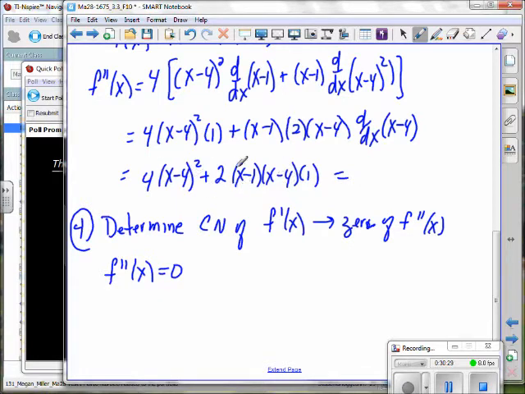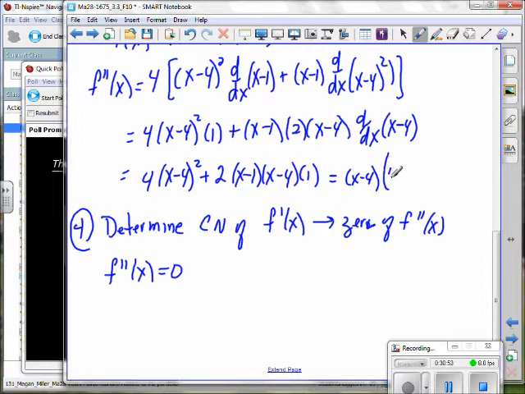Take a look at what we've got. Any factoring we can do? Does someone say factor out an x minus 4? Good, I agree with that. We got x minus 4 in both of these, don't we?